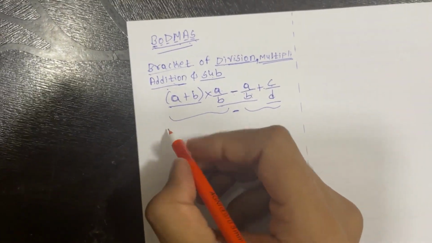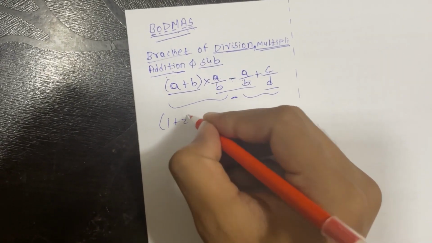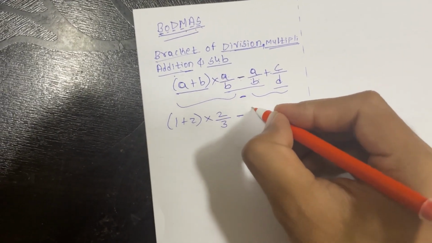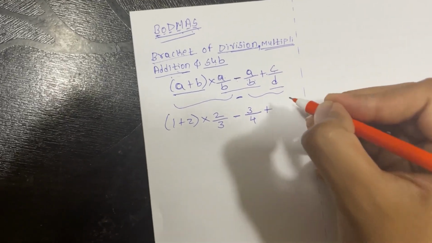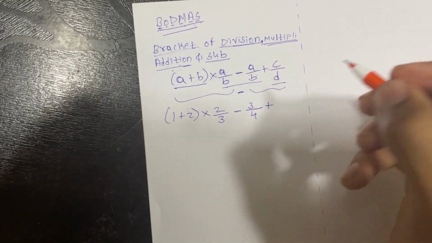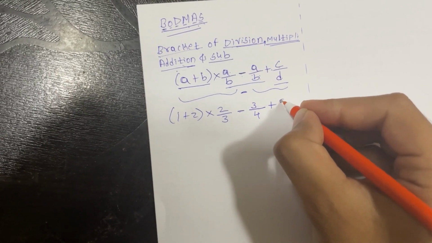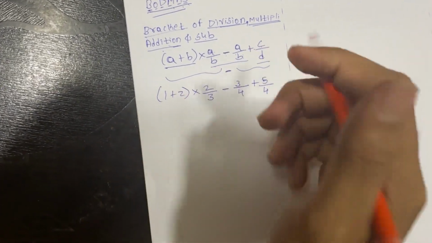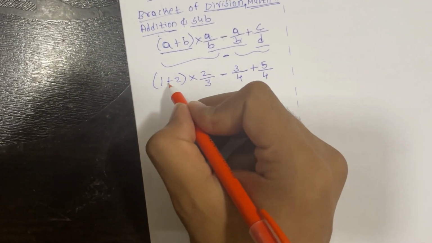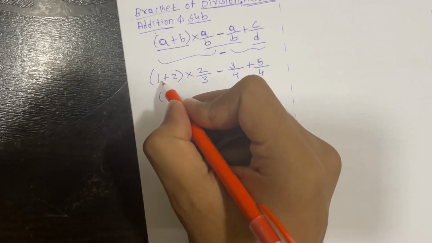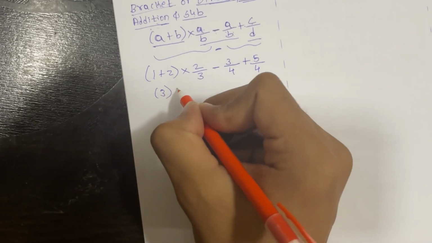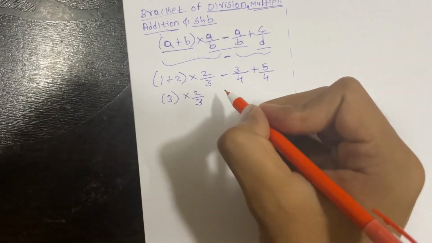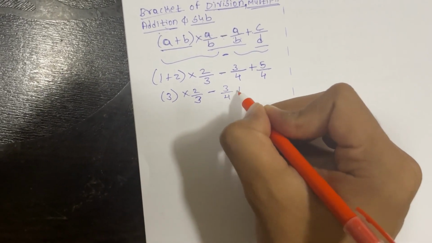Let's take one example. If we have 1 plus 2 into 2 by 3 minus 3 by 4 plus 5 by 4, we first solve this bracket. 1 plus 2 is 3, into 2 by 3, minus 3 by 4 plus 5 by 4.